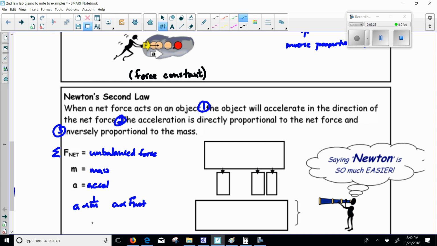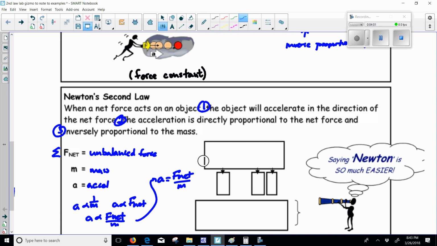So I can combine these two relationships. The acceleration is directly proportional to the overall unbalanced force and inversely proportional to the mass. And I can change this into an equation. So the acceleration of an object is equal to the overall unbalanced force divided by the mass.